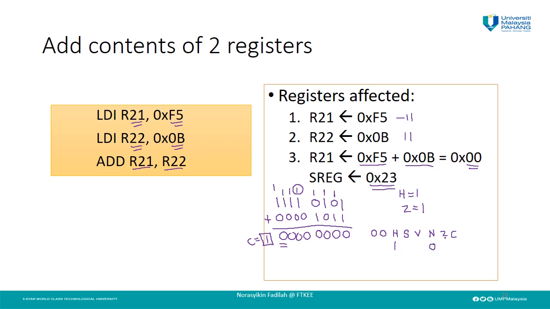Then the Z flag is 1, and the C flag is 1. The V flag is 0 because the result is correct, because negative 11 plus 11 is 0. And then S is the exclusive OR of the N flag and the V flag. So 0 exclusive OR 0 will become 0. That's why the status register will be updated with the value of 23 in hexadecimal.